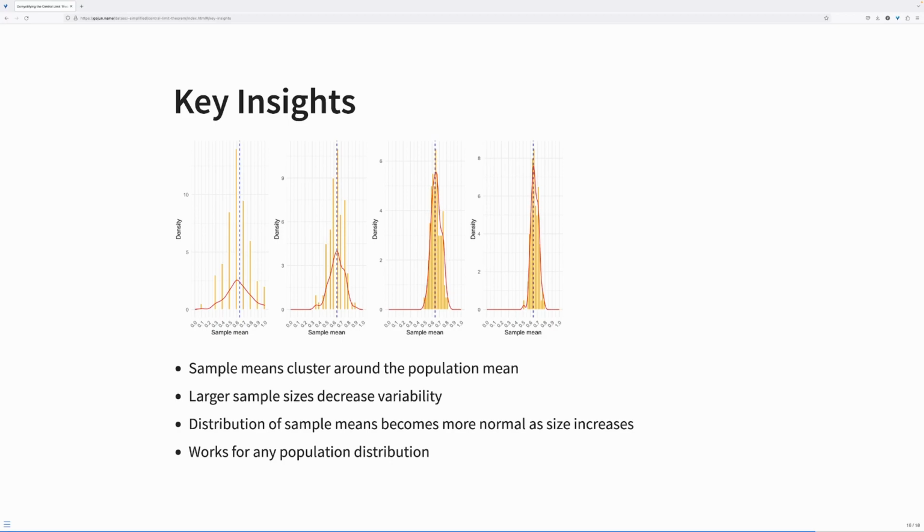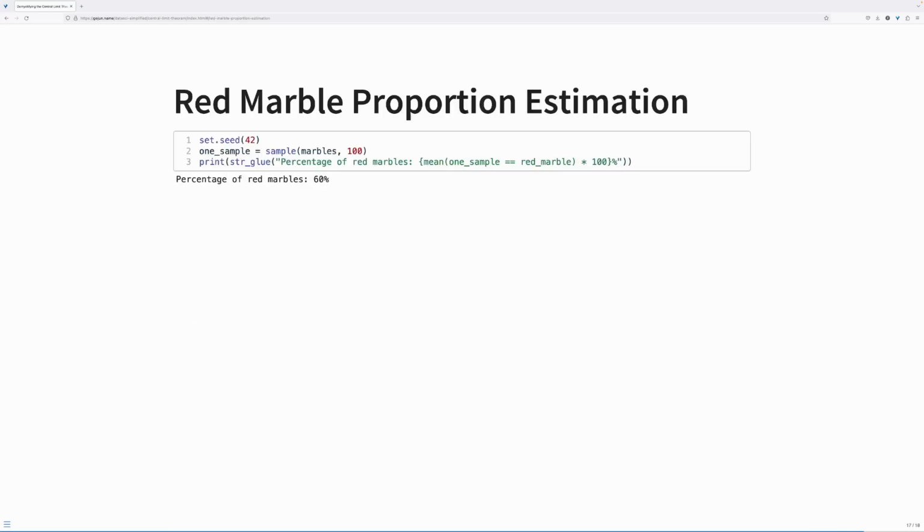The distribution of the sample means becomes more normal as size increases, getting closer and closer to a bell shape, aligning with the normal distribution. And it works for any population distribution. Whether skewed, uniform, or bimodal, the sample means will still approximate a normal distribution if the sample size is large enough.